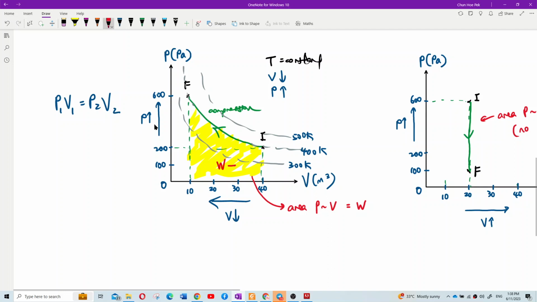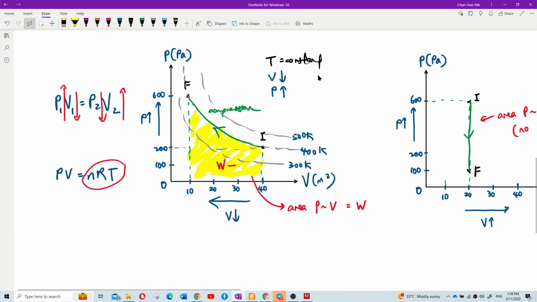So that means if you have high pressure, small volume. If you have low pressure, high volume, like that. Or just look at the PV equals nRT equation. Let's say the temperature is constant.